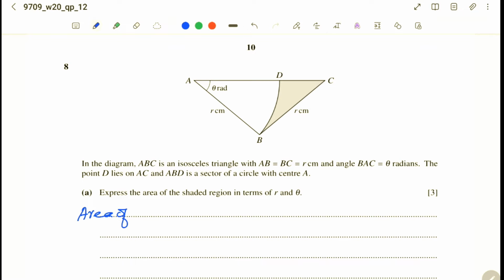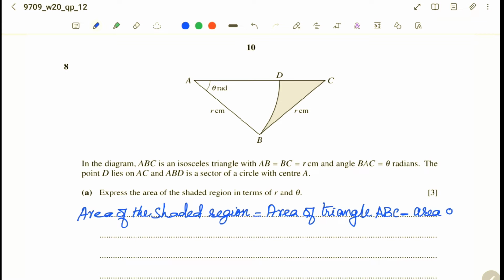So area of the shaded region equals area of triangle ABC minus area of the sector ABD.